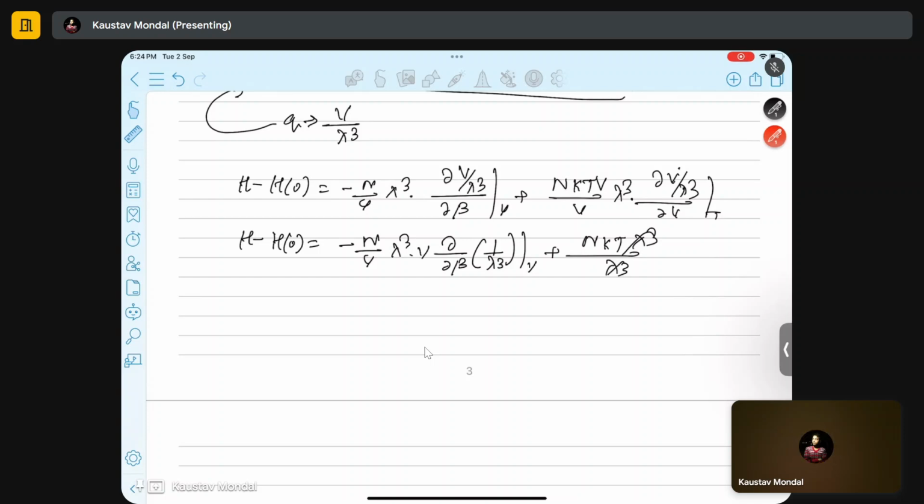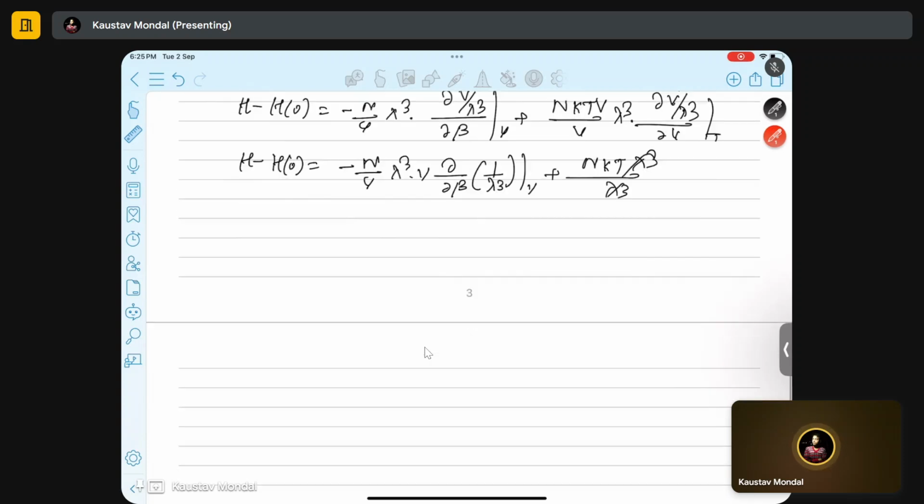Now if we do the further simplification, this will become H minus H0 equal to minus n lambda cube by lambda to the power 4. The minus 3 will come because I'm doing the derivative of 1 by lambda cube.